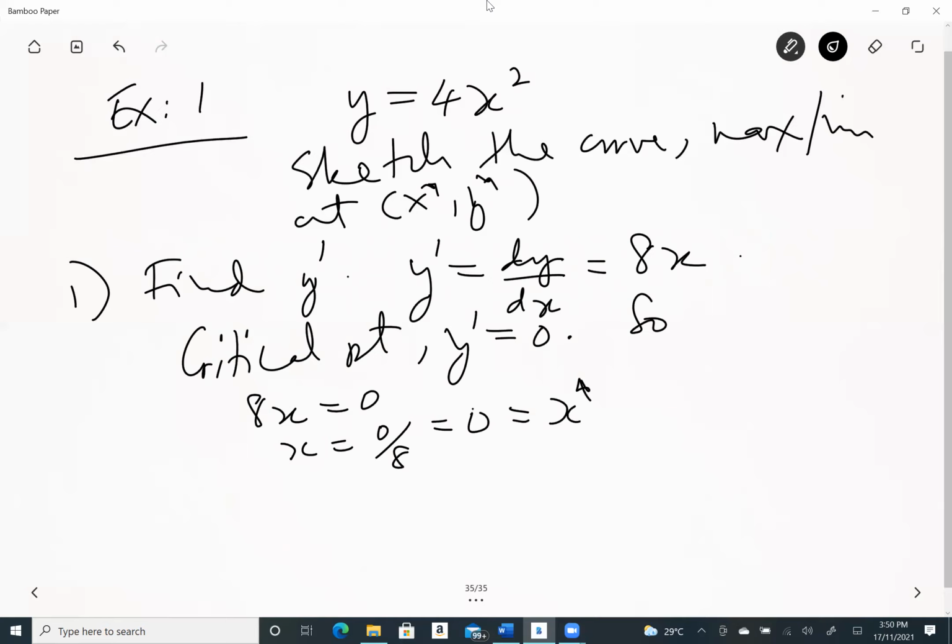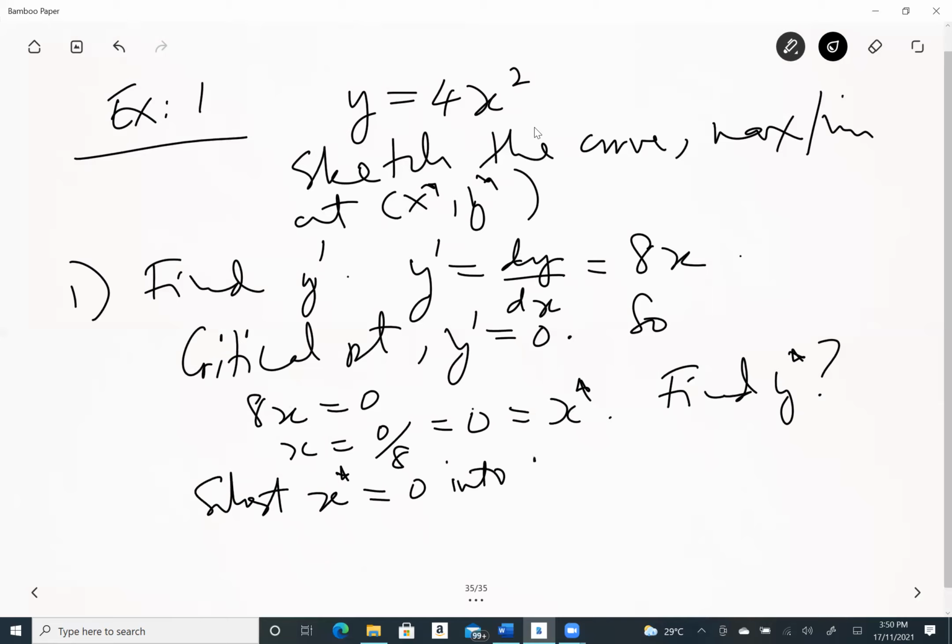Now, based on the x star, I want to find y star. How do you find y star? You substitute the value x star equal to 0 into which function? To find y star, I put it back into the original function, into y.